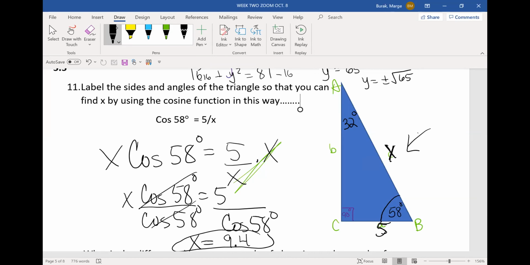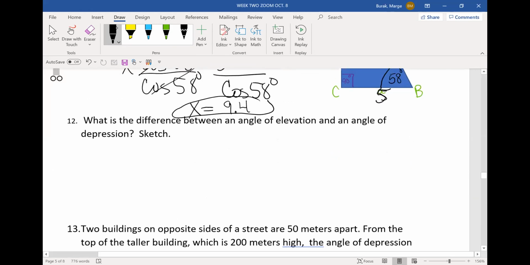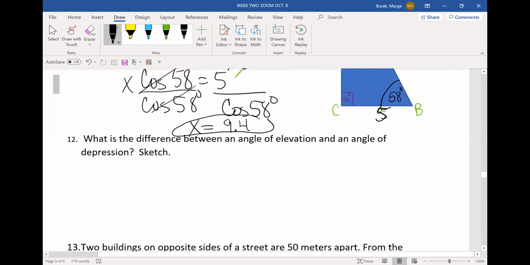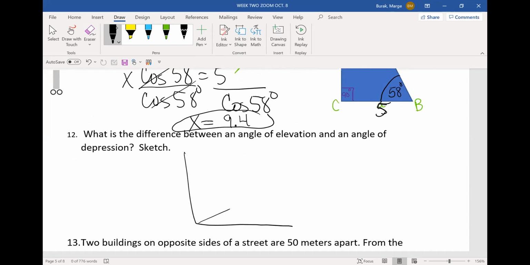This is section 5. All right, what is the difference between an angle of elevation and an angle of depression? I just want to make sure: an angle of elevation starts on the ground and moves up.